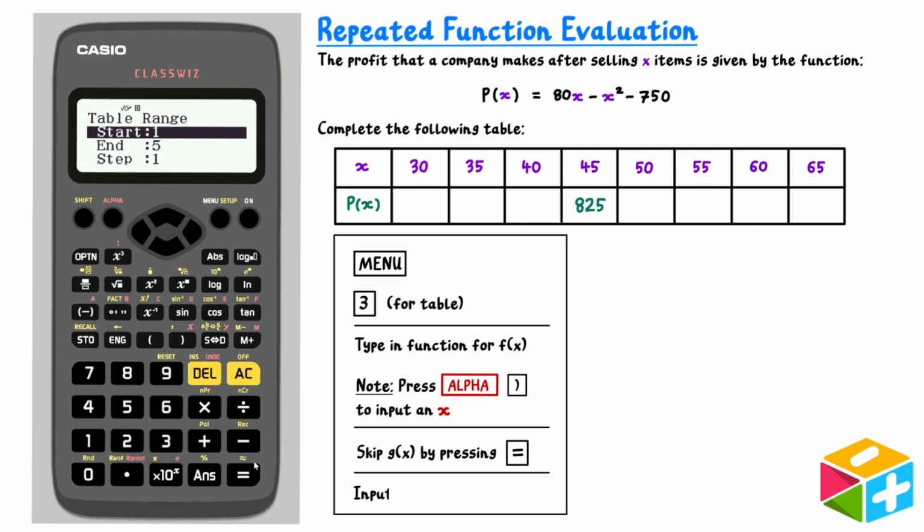On the next screen, we need to input three values: the start, the end, and the step. We can figure out these values by looking at the top row of our table. Start is the first x value, and here that's 30.